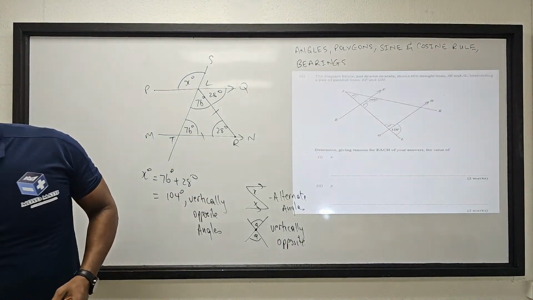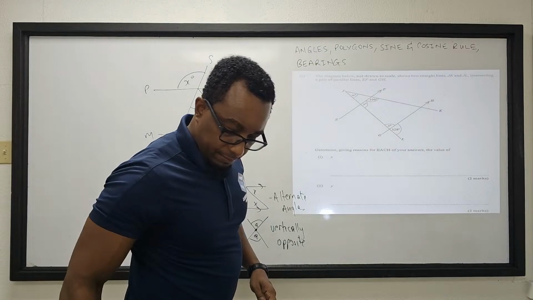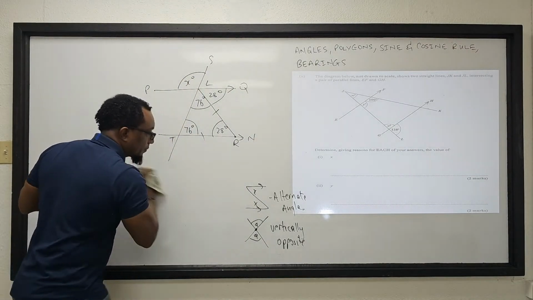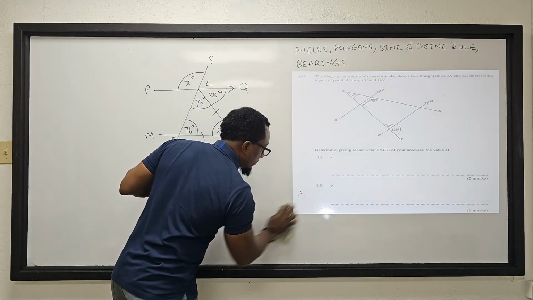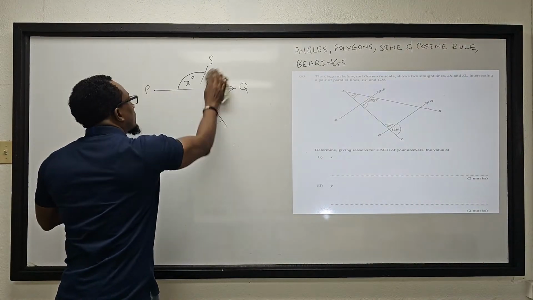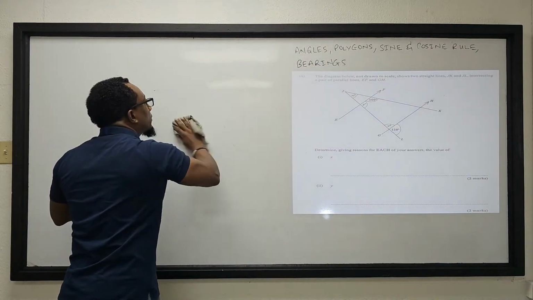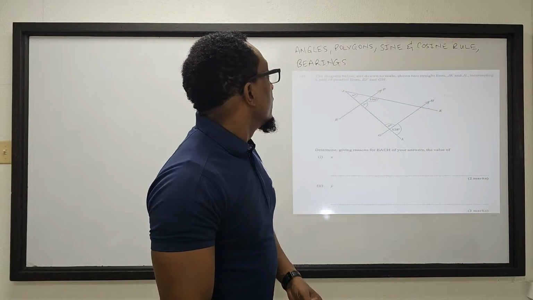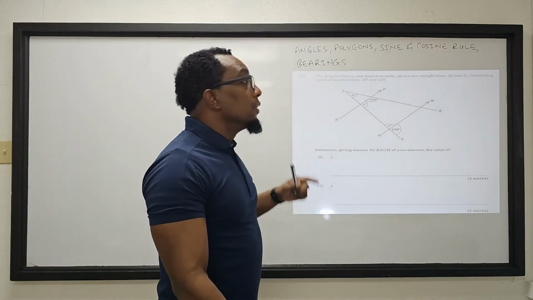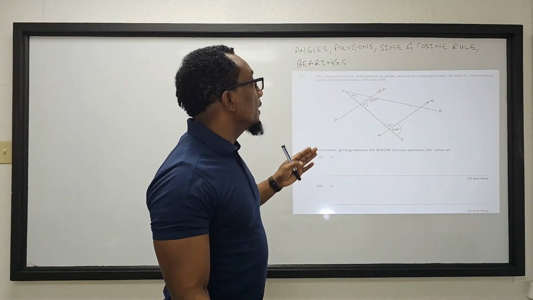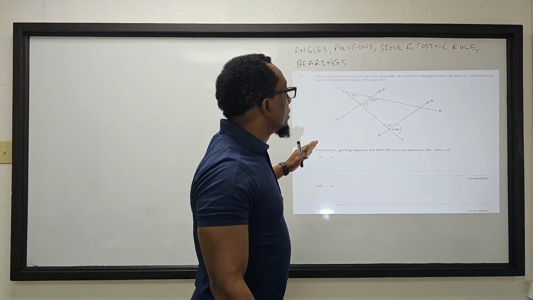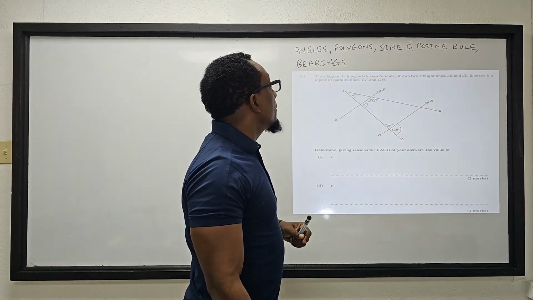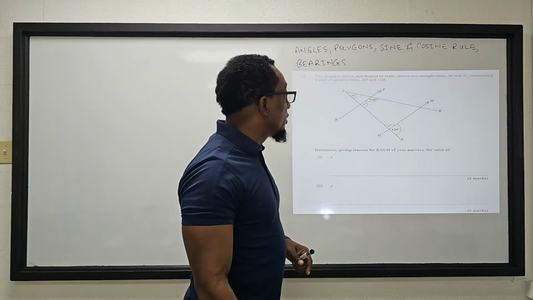Let's look at another. So we have this question here, and this diagram. It says in the diagram below, not drawn to scale, two straight lines, JK and JL, intersect a pair of parallel lines, EF and GH.